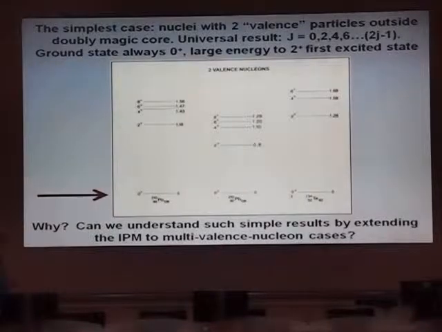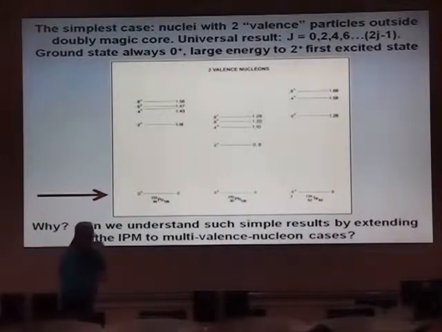These are all nuclei with two particles outside of a doubly magic core. Here's polonium-210 with 126 neutrons, magic, and 84 protons, that's 82 plus 2. Here's lead-210, 82 protons and 128 neutrons; 82 is magic, 126 is magic, so it has 2 neutrons.